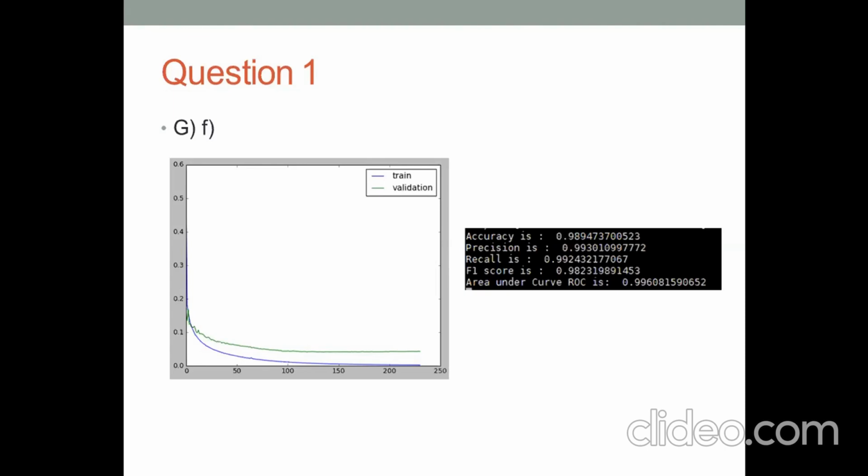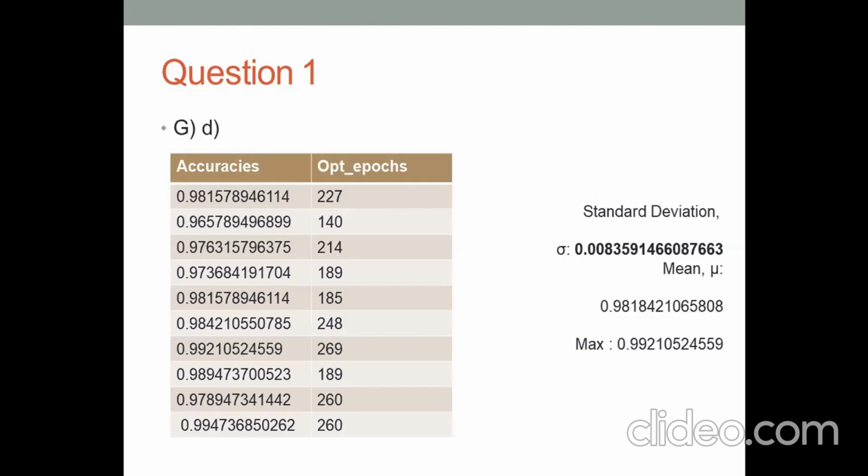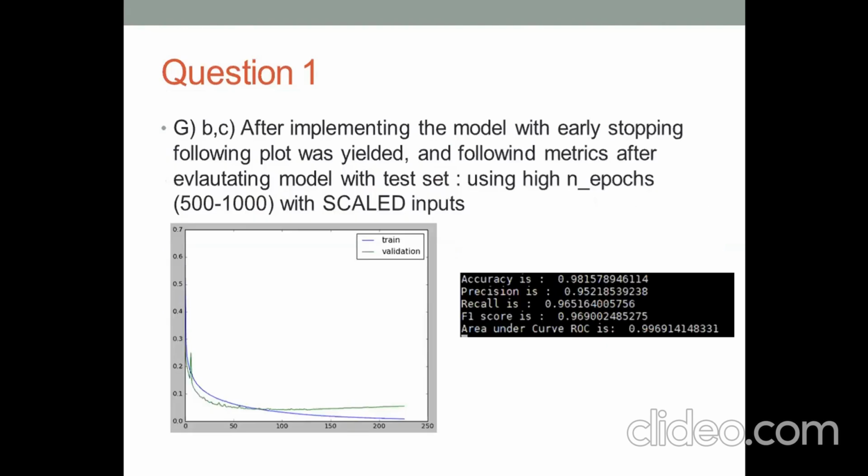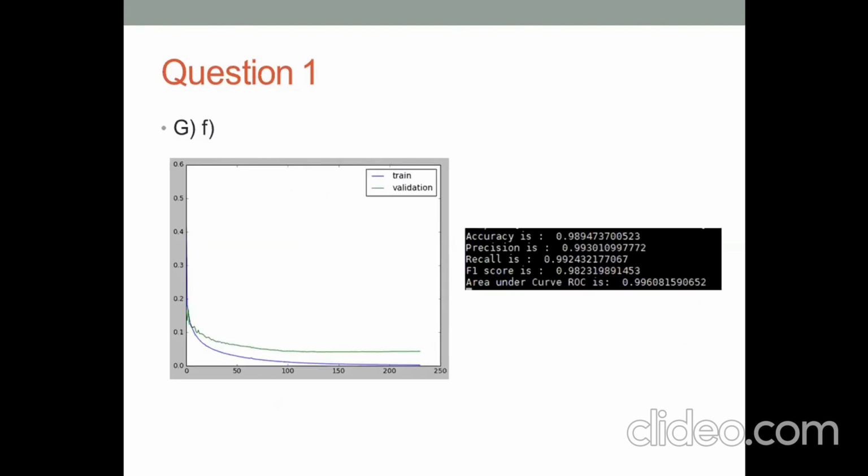It's a very small improvement in the order of thousandths. For example, 989, this is 986, this is 981. So B and C and E. F is the best one, but at the order of thousandths.